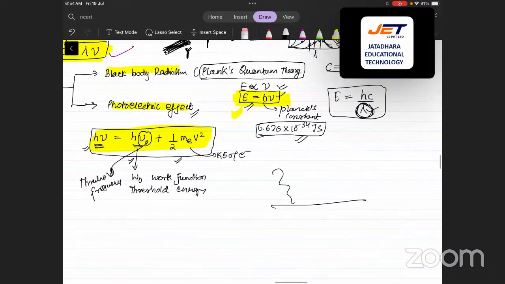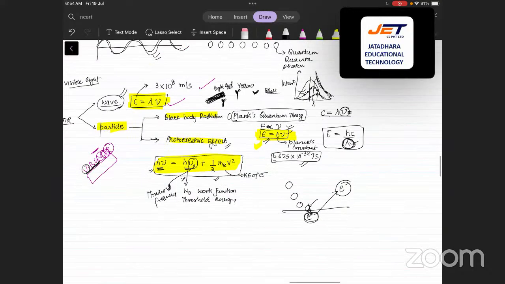So you should imagine it like this: photons, ball-like things, are coming and colliding with these electrons, and if the energy is sufficient, what the electron requires to come out, then it will transfer its energy, and the electron will come out of this surface.